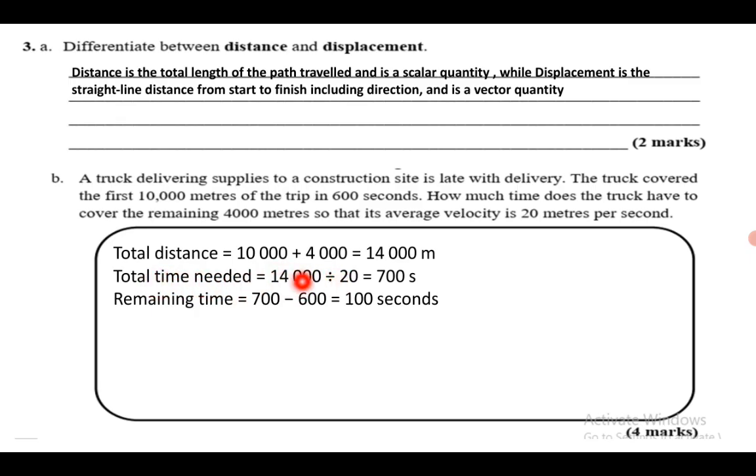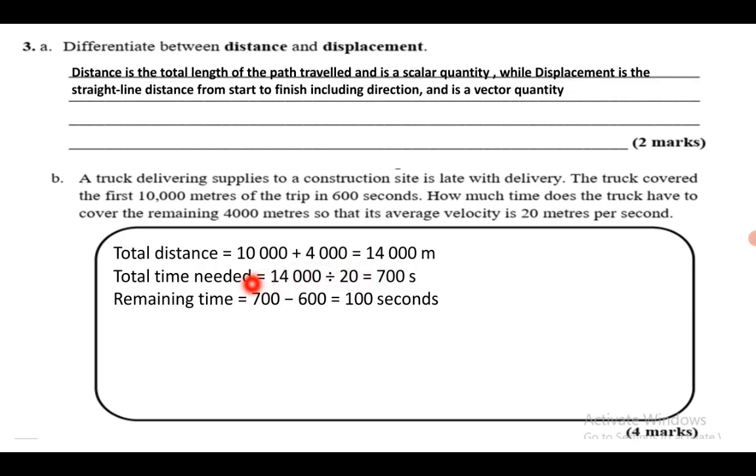Remember, time is distance divided by average speed. So the total time needed is the total distance, which is 14,000, divided by the average speed or average velocity, this one, which is 700 seconds.